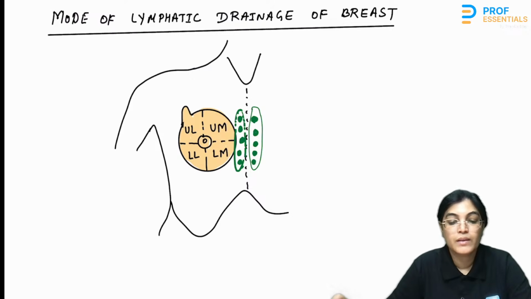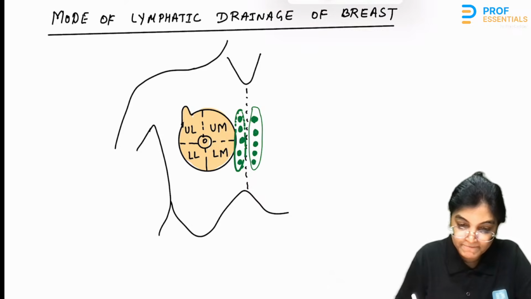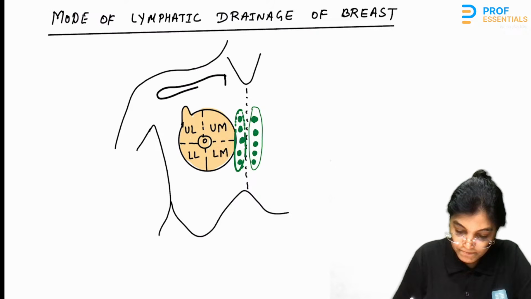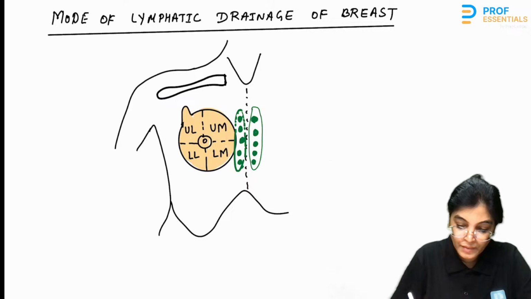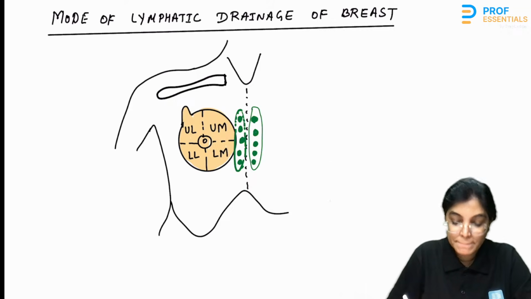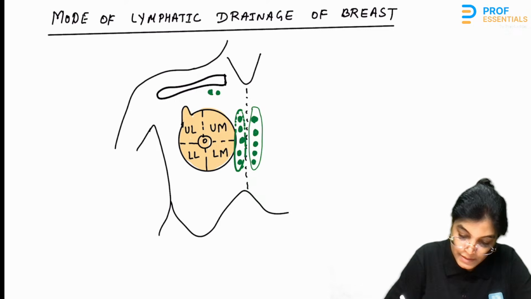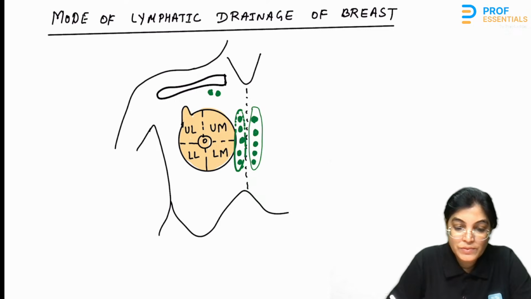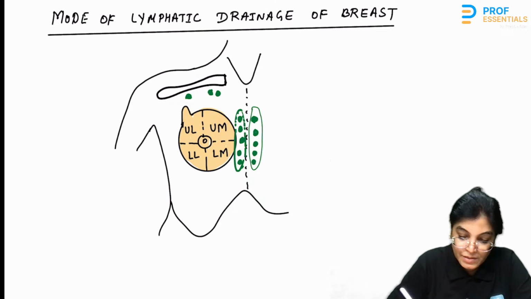Now here I can draw the outline of the clavicle also. This will be the apical group of axillary lymph nodes. Then we will also have the deltopectoral here. Then we can have the central lymph nodes here.